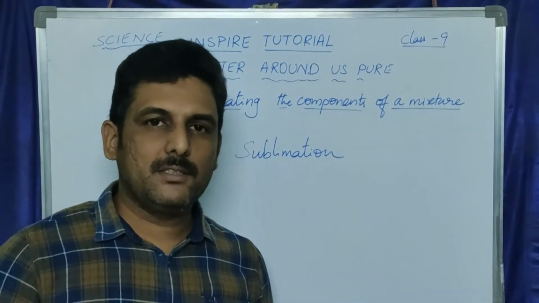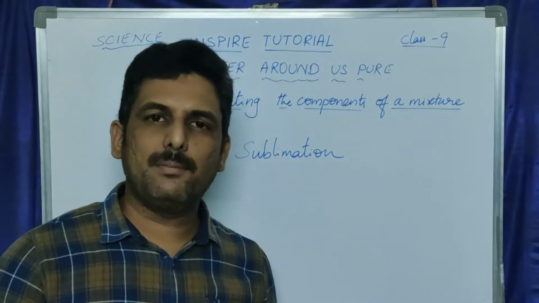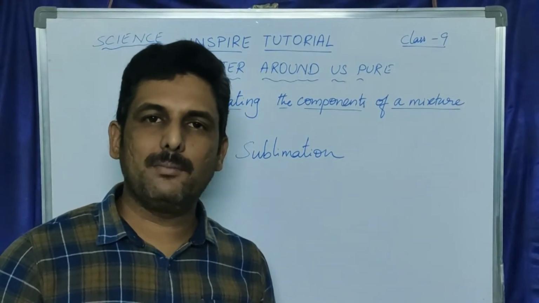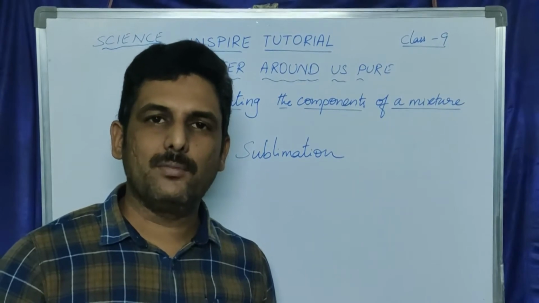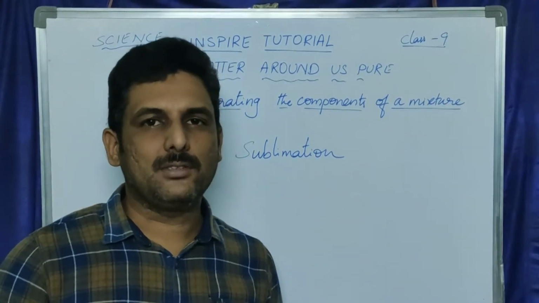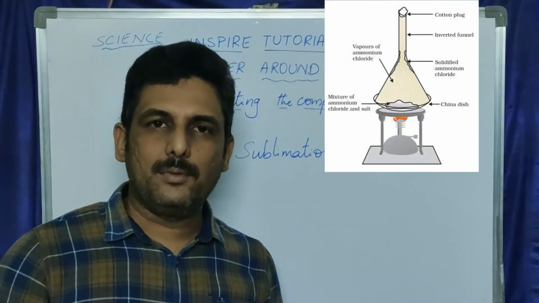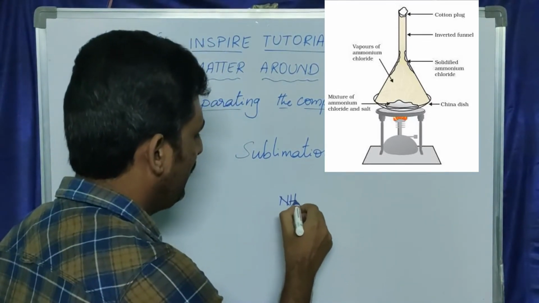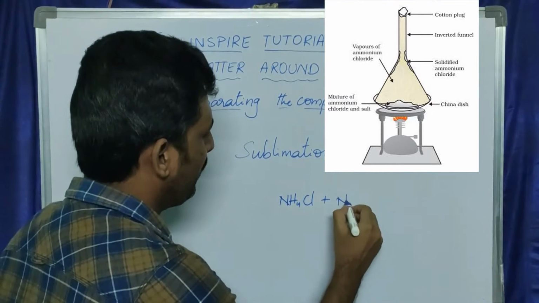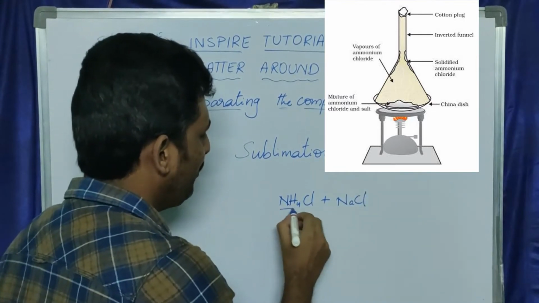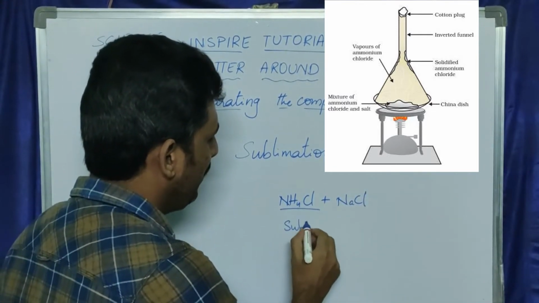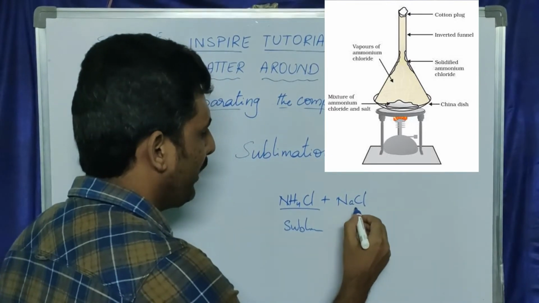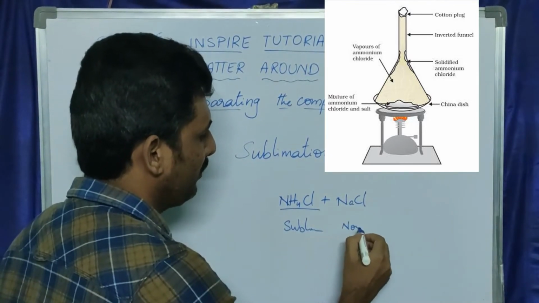Sublimation is a method used to separate sublimable substances from non-sublimable substances. For example, if it is a mixture of ammonium chloride and sodium chloride, where ammonium chloride is sublimable and sodium chloride is non-sublimable.